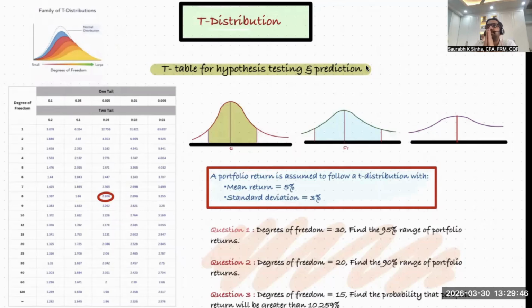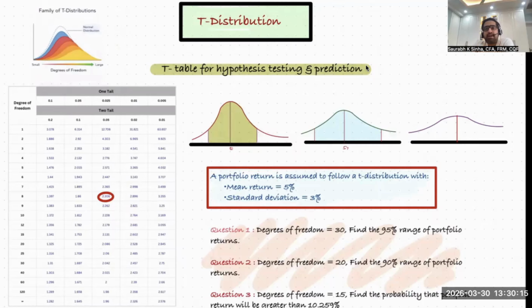Because when we do the prediction, we speak in terms of probability. We never say that we are 100% sure that the stock return would be 5%, or that we are 100% sure that the stock return would be between 4 to 5%. We cannot say that. It would be absurd to speak in terms of 100% confidence or 100% probability in the world of statistics. Otherwise, what is the need of statistics? You're studying statistics to do the prediction with the help of probability.